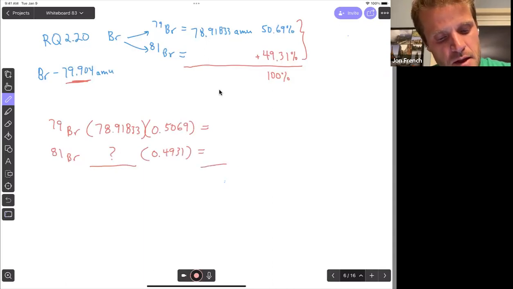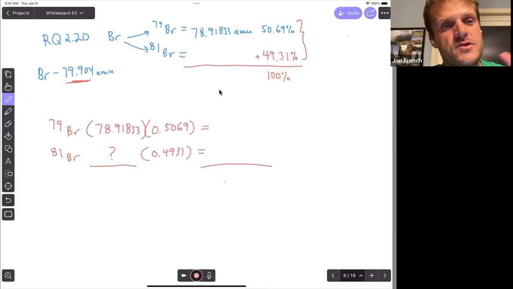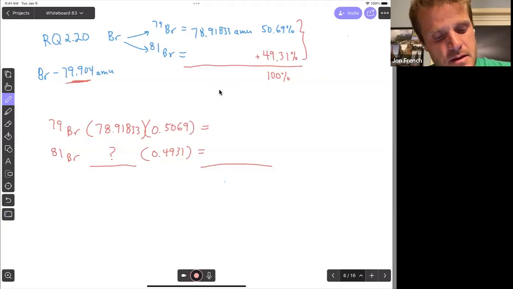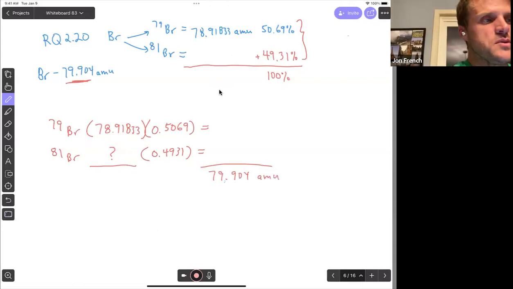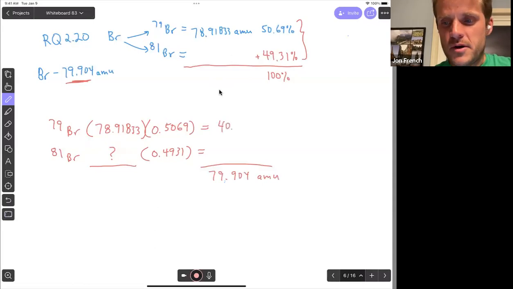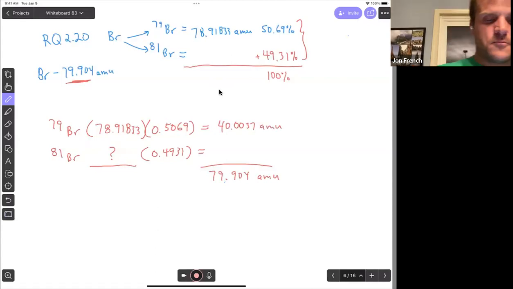0.4931. The reason I'm doing this is because we know that the weighted average from each of those needs to equal 79.904 AMU. So I'm going to multiply bromine 79 to find its contribution: 78.91833 times 0.5069, and I get 40.0037 AMU.